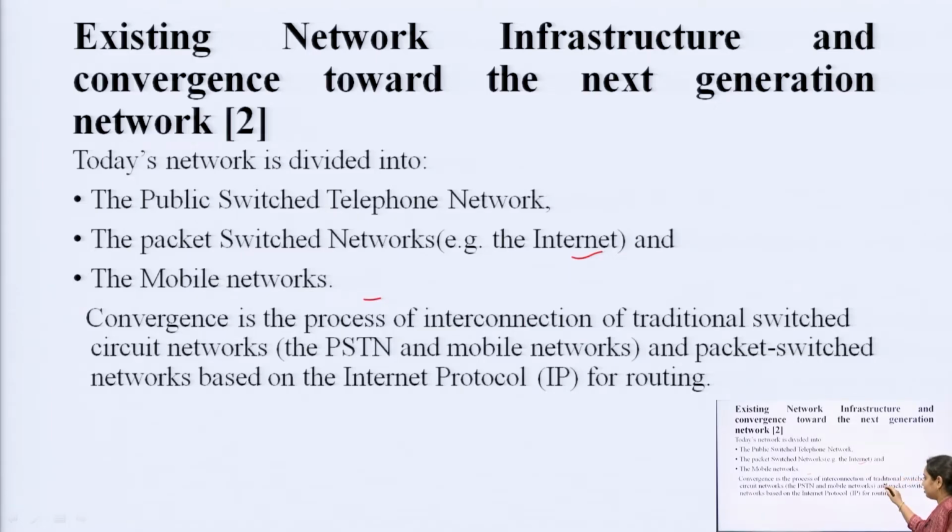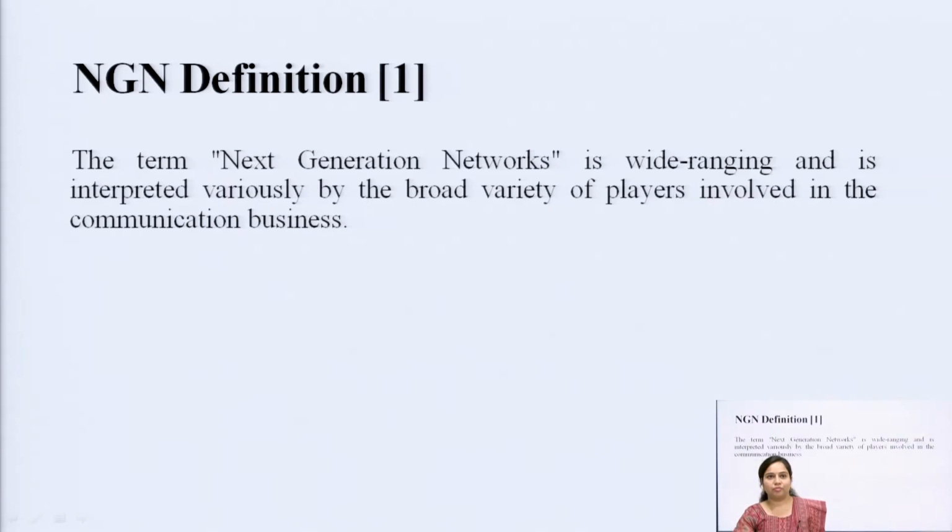Now, convergence is the process of interconnection of the traditional switched circuit network and the packet switched network on the internet protocol for routing purpose. So, convergence is basically when you are interconnecting 2 or 3 different services for the purpose of routing or for the purpose of transmission.